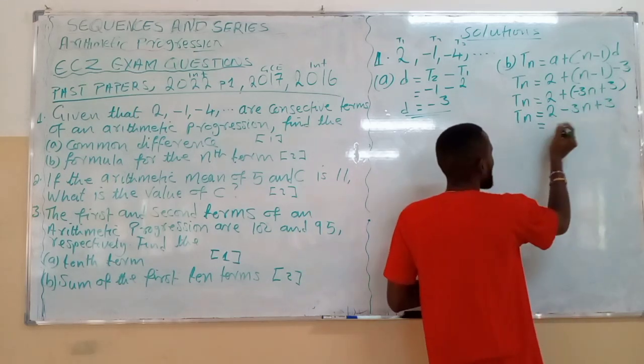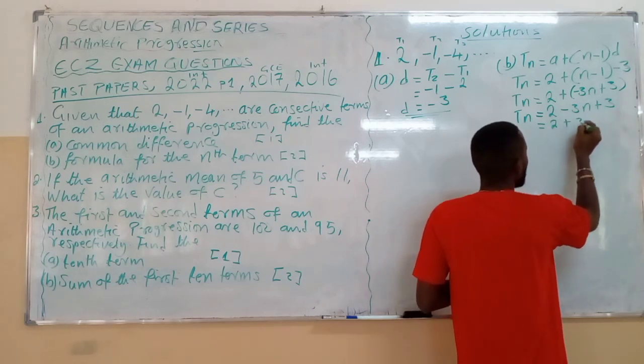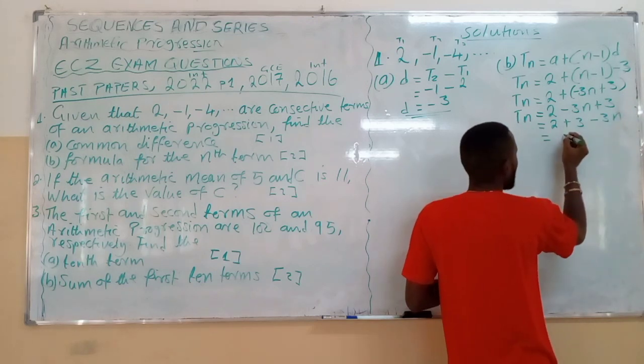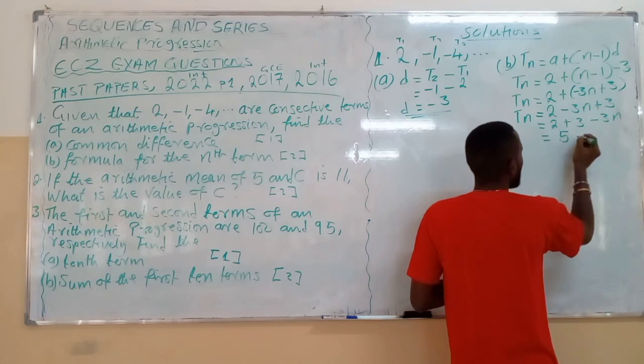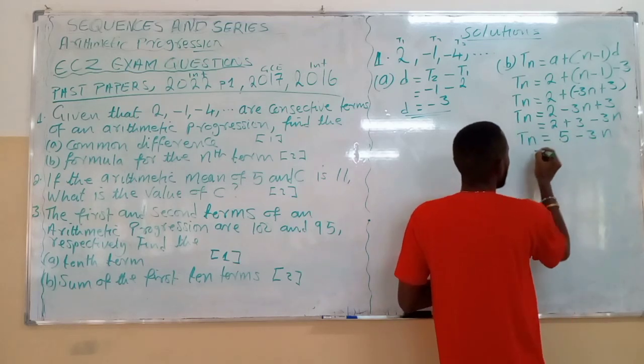Collect the like terms: 2 plus 3 minus 3n. Our final answer will be 2 plus 3, which is 5, minus 3n.